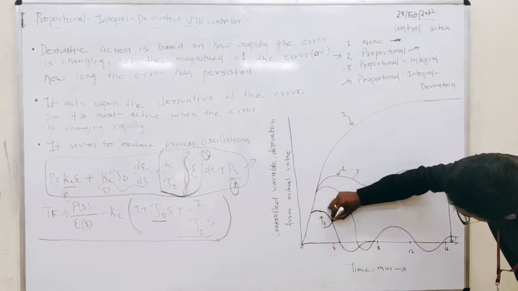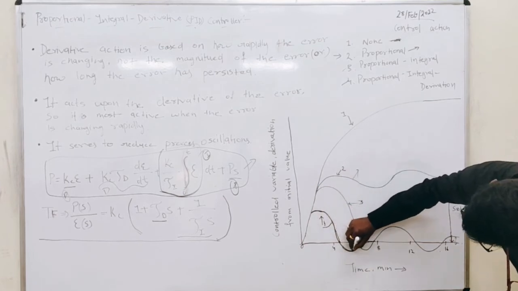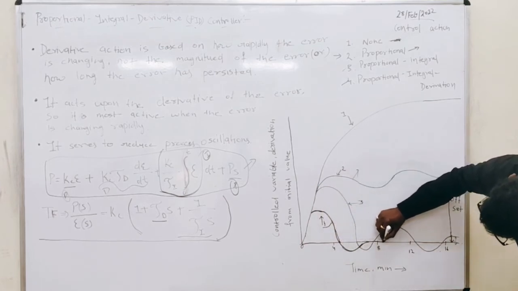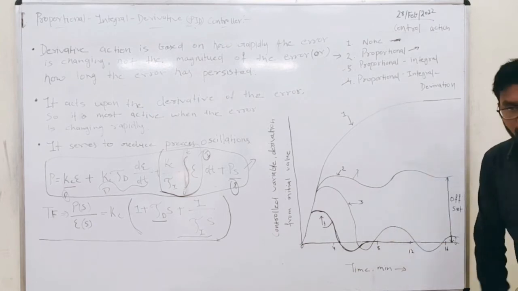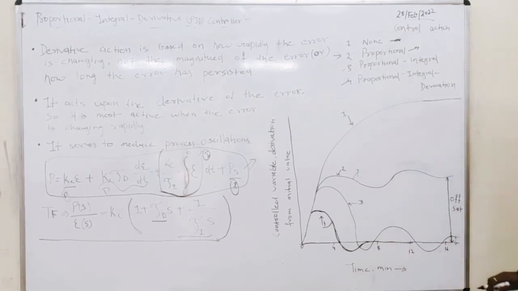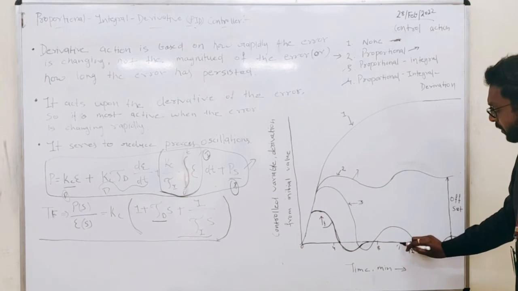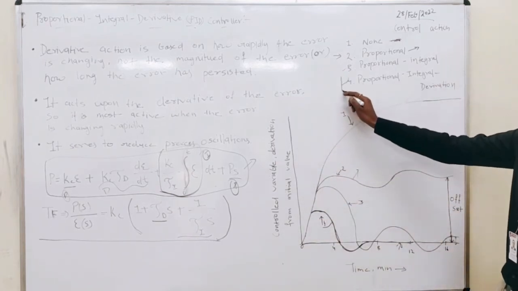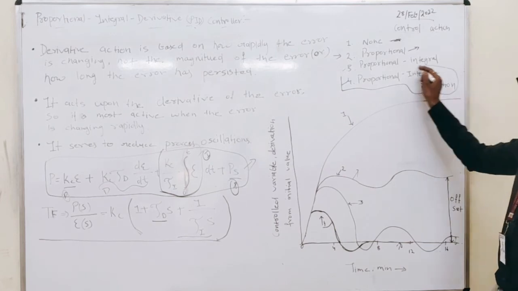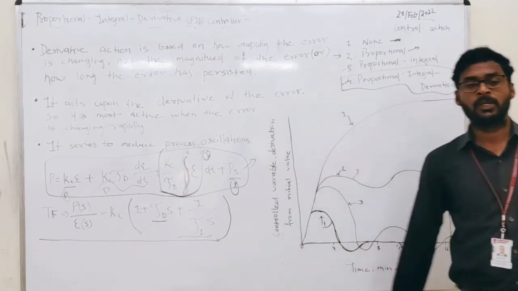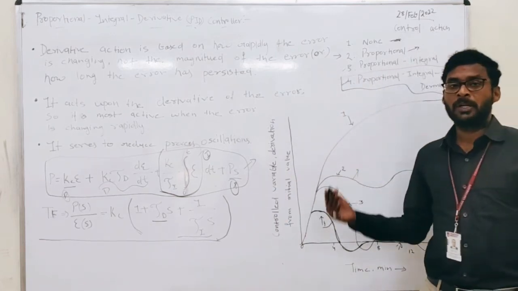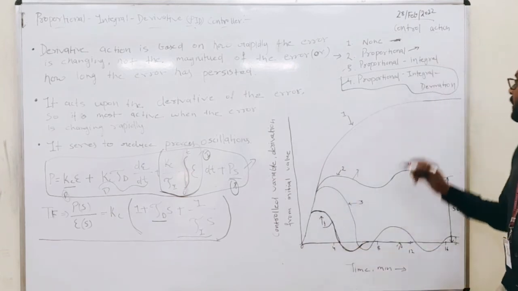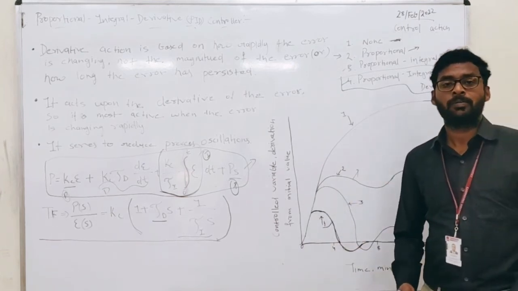It starts from here, and in a quicker time it reaches the steady state, and the offset value is 0. So when we use the proportional integral derivative controller, we can minimize the sensitivity of the process and increase the stability of the process.